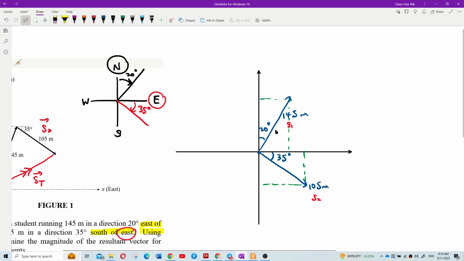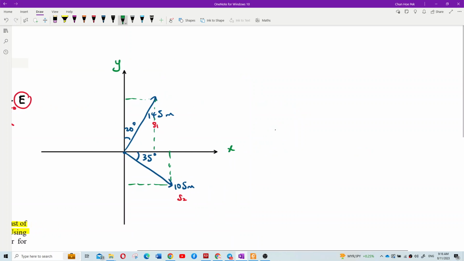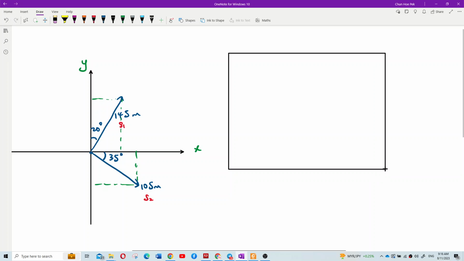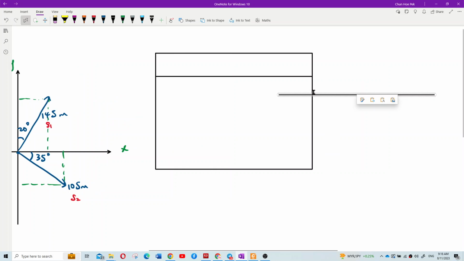This is X, this is Y. So what you're going to do is draw a table.